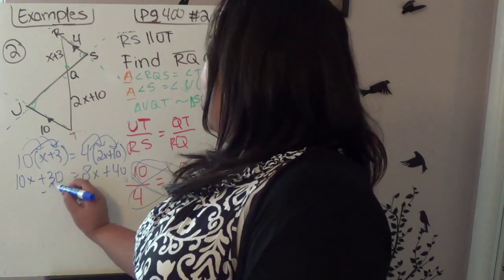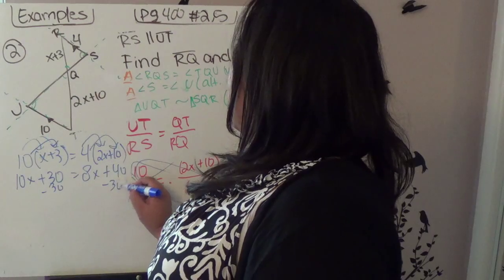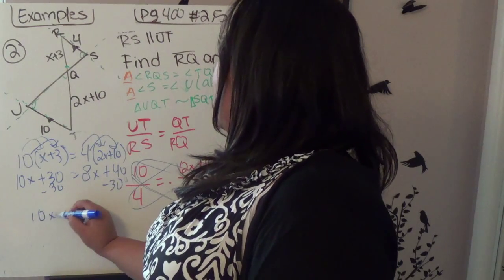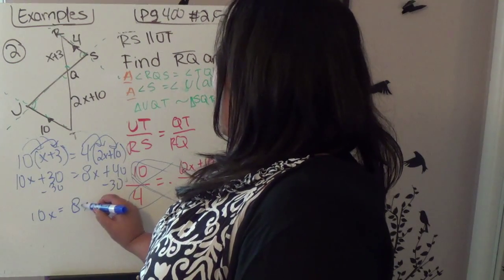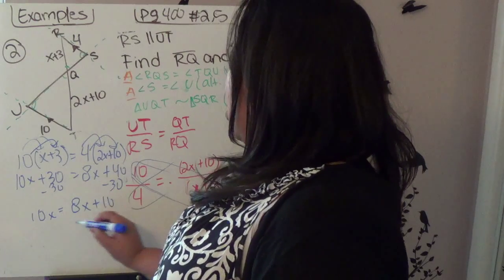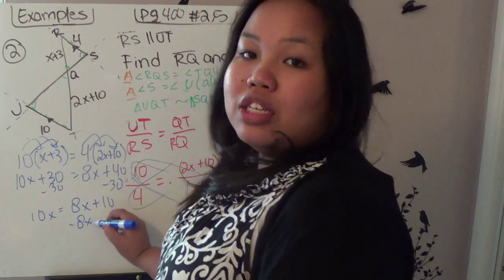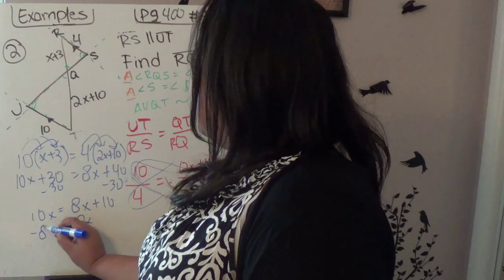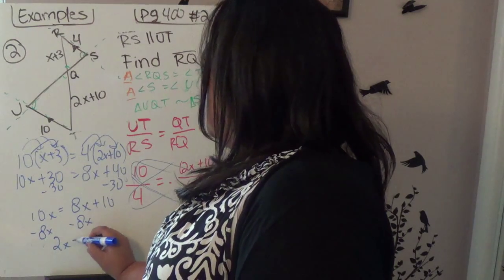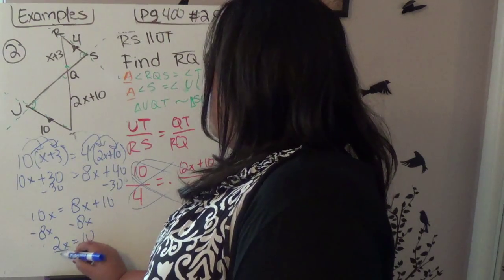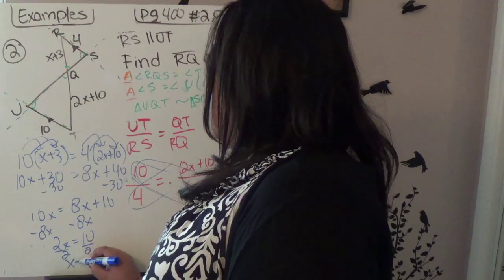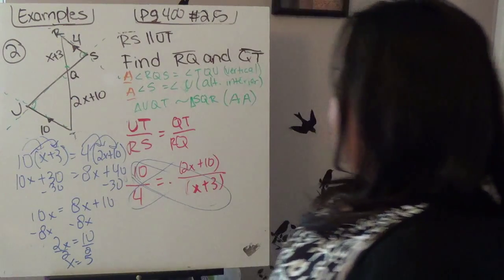So I'm going to subtract 30 from both sides. I end up with 10x equals 8x plus 10. I'm going to subtract 8x from both sides. I end up with 2x equals 10. Divide by 2, x equals 5.